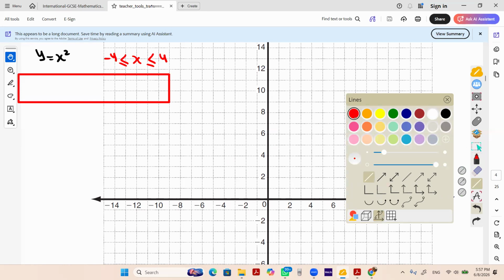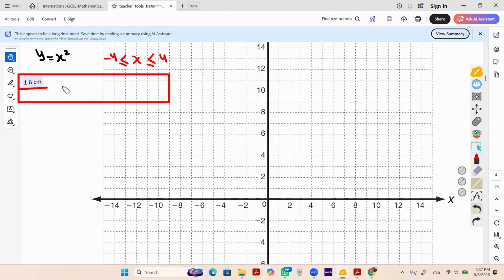In this table, we have to get the values of y when we substitute in the function by x, starting from -4 and ending at 4. -4, -3, -2, -1, 0, 1, 2, 3, and 4.